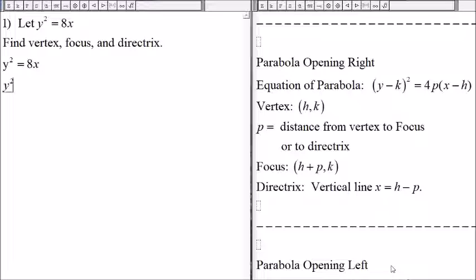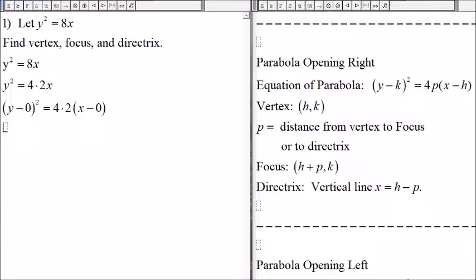We can rewrite this as 4 times 2x, and then rewrite it as (y minus 0) squared equal to 4 times 2 times (x minus 0), because we want to get the equation into this form so we can see what h, k, and p are.